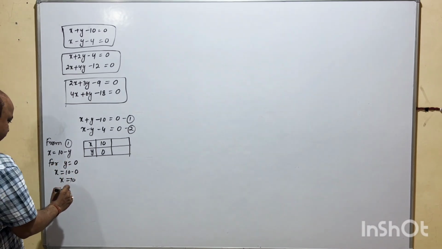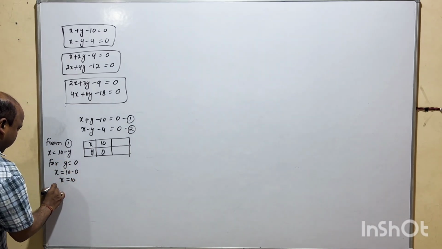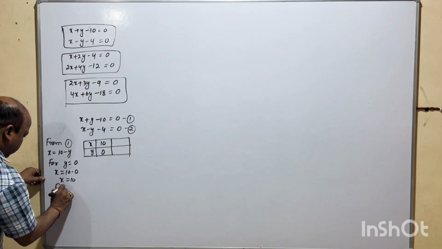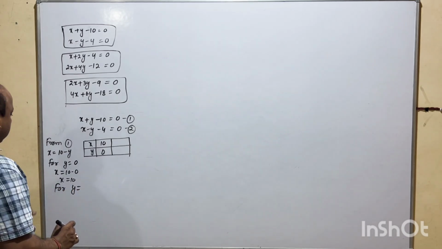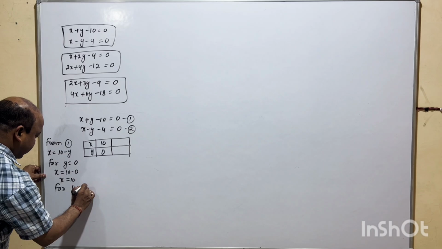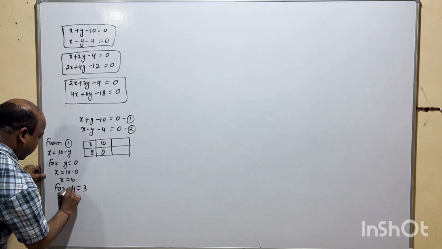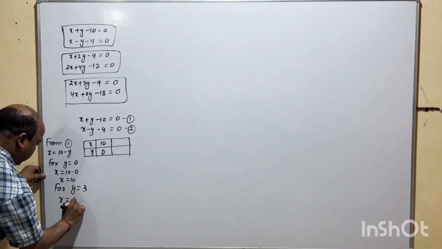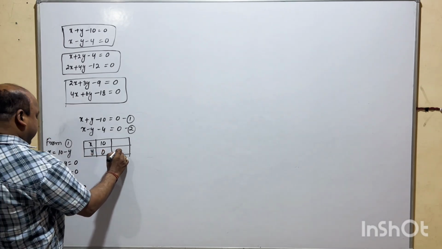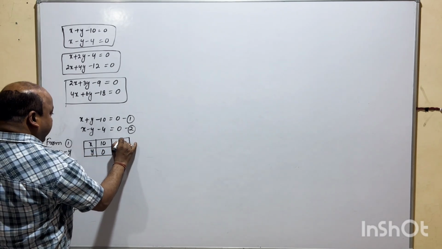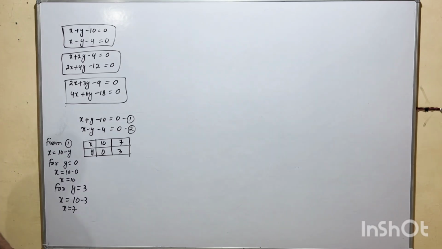Suppose I take y equal to 3. So x is equal to 10 minus 3, x is equal to 7. Y is equal to 3, x is 7, right?